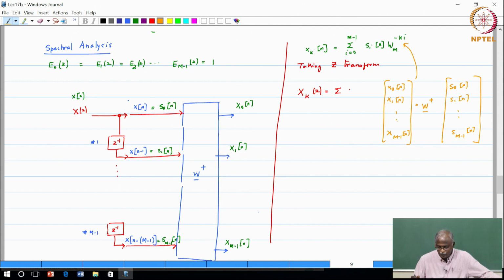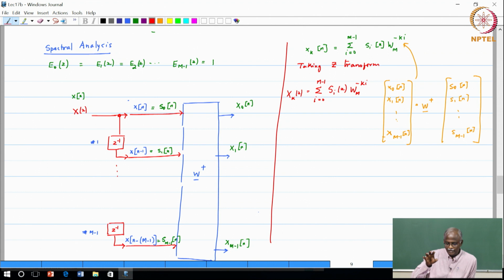Okay. Now, taking the Z transform of this, these W's are constant, so they do not affect it. xk of z, just rewrite it neatly. xk of z is equal to, can you help me, the summation i equal to 0 to M minus 1 of Si of z times W to the power M minus ki, is what I have done, correct.